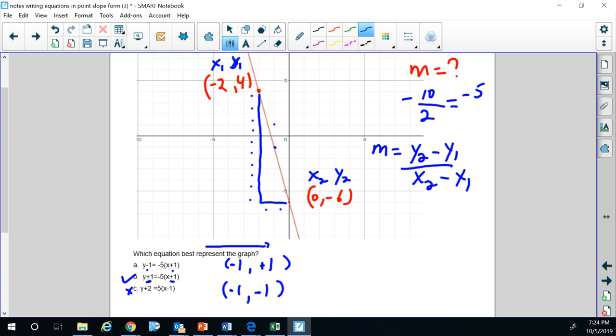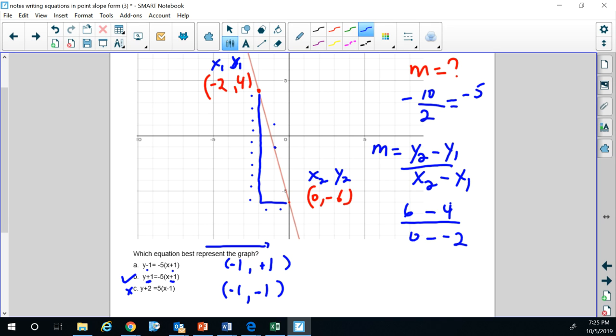My y2 is 6 minus my y1 is 4, over my x2 is 0 minus 2 for x1. And something is wrong.